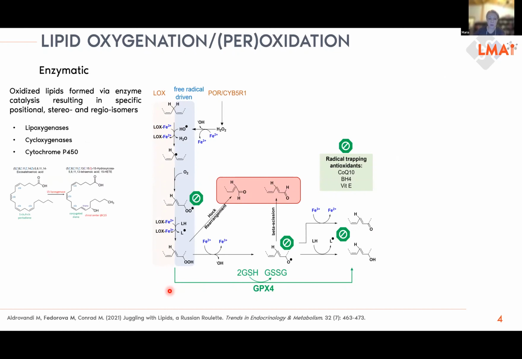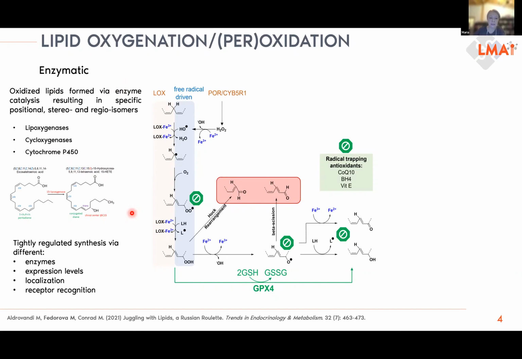But if we talk about enzymatic lipid oxygenation, those oxidized lipids are formed in very specific positional, stereo and regio isomers. So there are different enzymes which can do that with a high specificity, and the products which are formed in these reactions are clearly defined in their stereo and regio chemistry and the positions of the modifications.